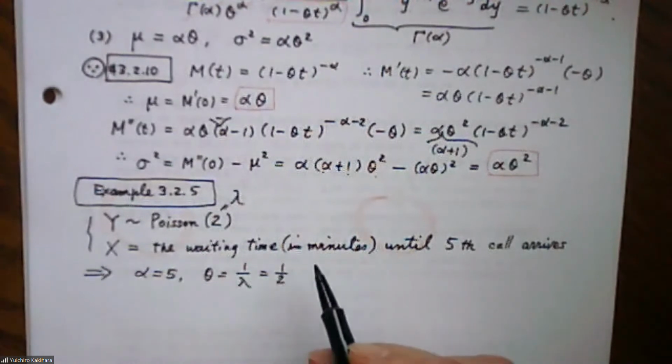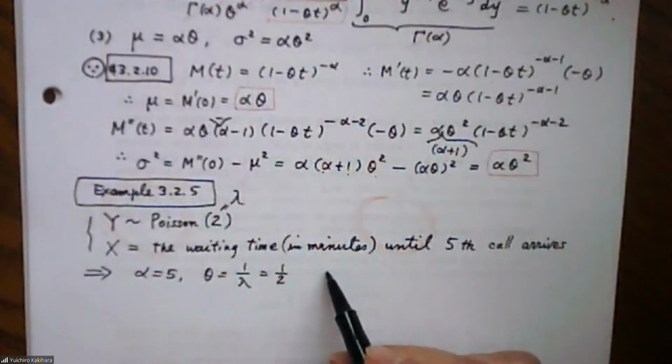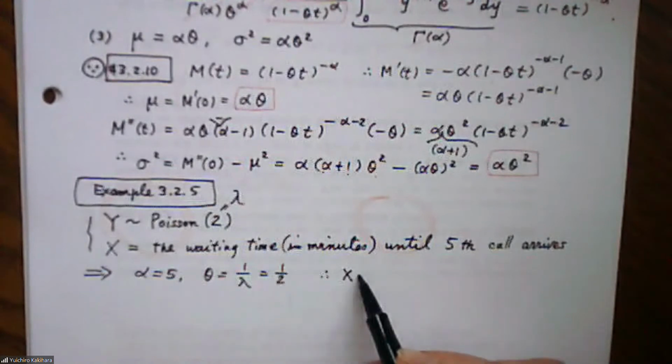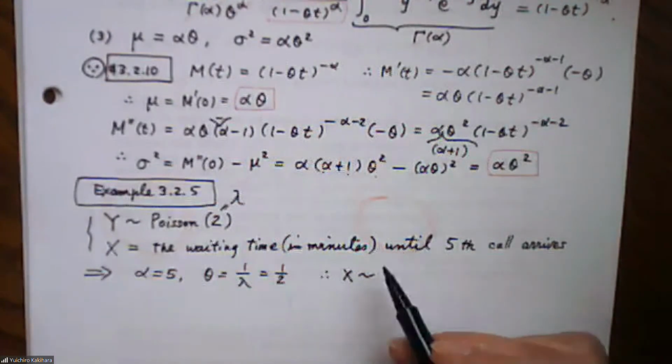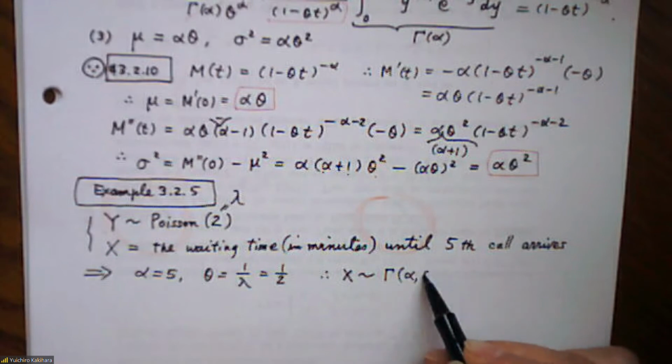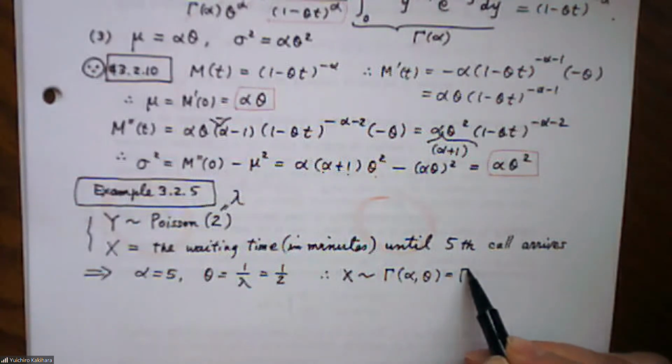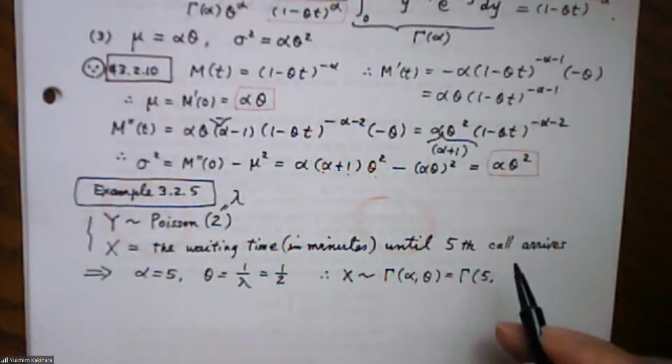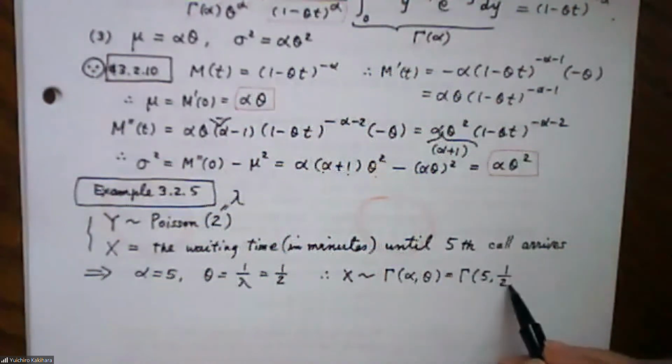So X is subject to the gamma distribution with alpha and theta, where alpha in this case is 5 and theta is 1/2. So this is the distribution of the random variable X.